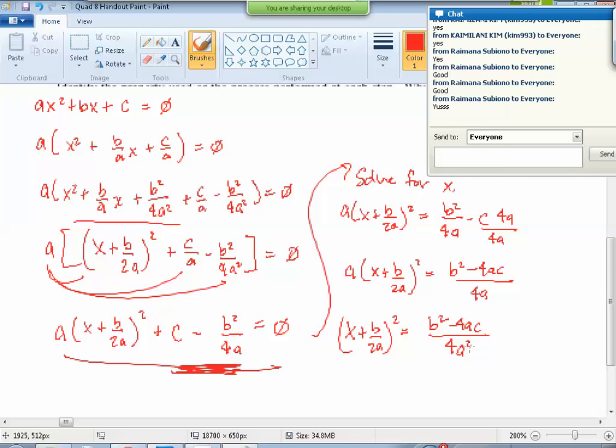I'm going to deal with this a over here. So I divided out by a. This right here is one whole term. So I divided this whole term by a, and I divided this whole thing by a. And all I did was make this thing right here 4a squared on the bottom, instead of just 4a. Pretty cool?